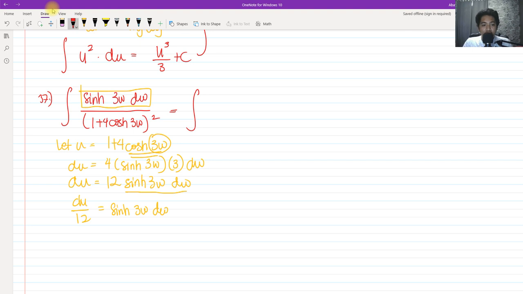So that must become du all over 12, all over u squared, since we let 1 plus 4 hyperbolic cosine 3w be our u. So we have 1 over 12, we can factor out the constant, and then we have du all over u squared.